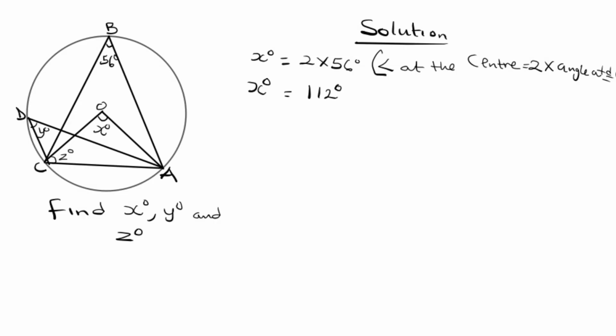Now the value of y degrees. If you observe this diagram carefully, you will notice that we have a segment here. You see this segment? This is a minor segment, and also we have this major segment. Understood? Now again, you will discover that this y degree and this 56 degrees both lie in the same segment, and there is a theorem that says angles in the same segment are equal.